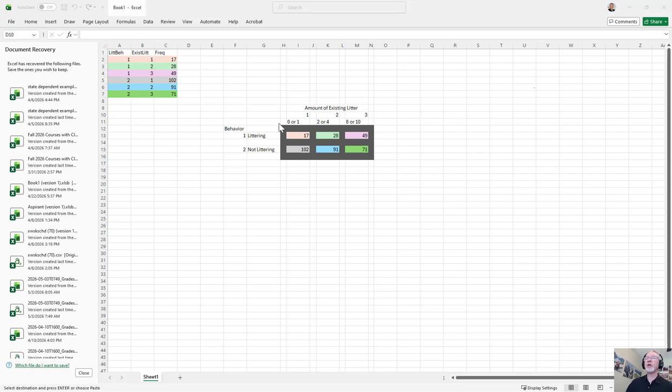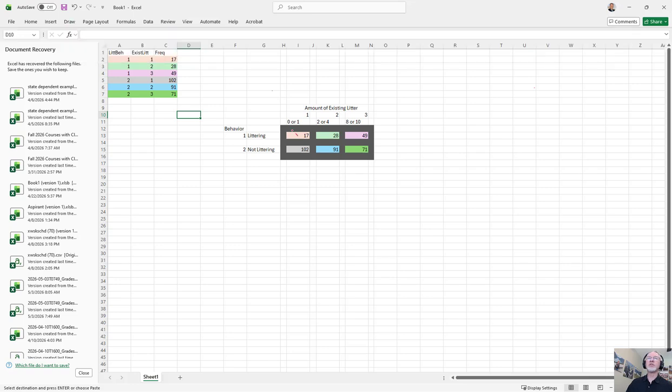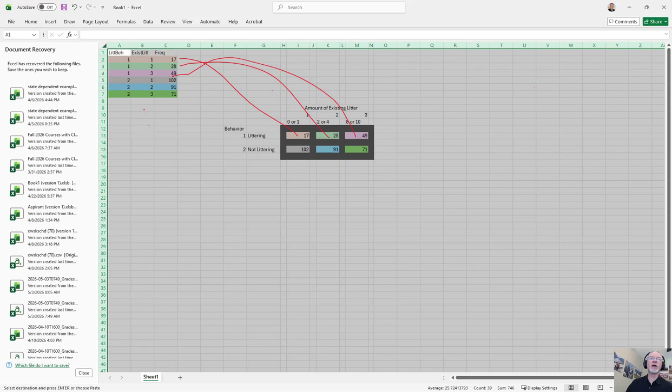In order to analyze this type of data via the computer, we basically need to take these numbers and put them into rows in our computer setup. So up here on the top, we're going to name our variables: littering behavior, that's the variable over here, and existing litter, which is the variable that starts off over here.